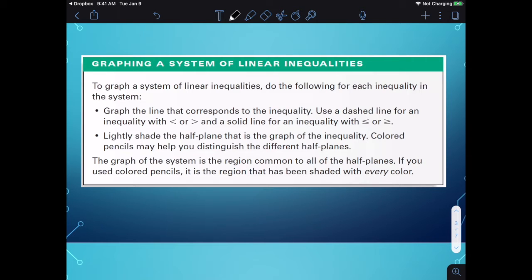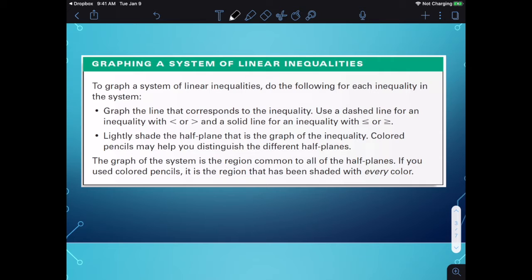Lightly shade the half plane that is the graph of the inequality for each line, and colored pencils might help you to distinguish the different half planes. The graph of the system is the region common to all of the half planes. If you use colored pencils, it is the region that has been shaded with every color.